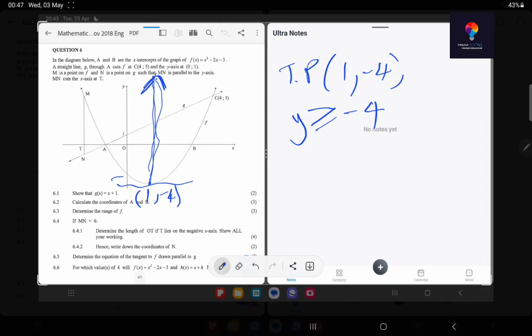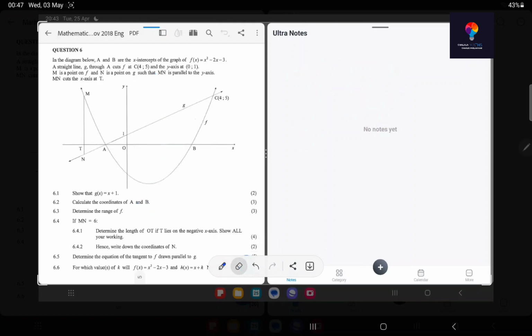So that's how we go about it. I hope you guys have learned a lot, and we can therefore go to 6.4, which will be our last question. Okay guys, let's do 6.4.